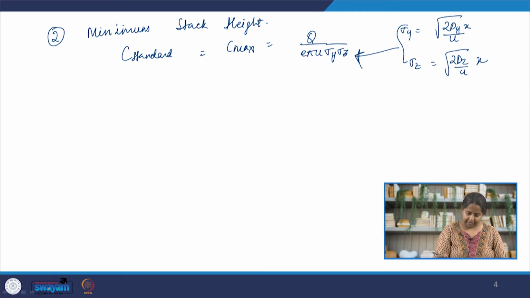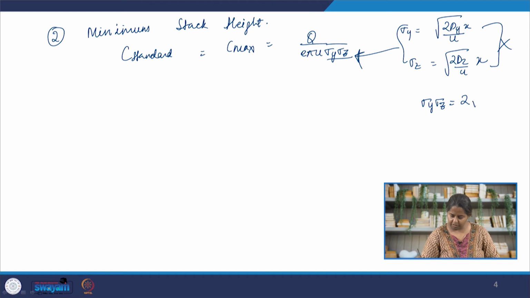And what we are going to get is, since this is a product of sigma y sigma z, the product will be the product of these two. So 2 will come out, root of dy dz, u will also come out, and then we will have x here.